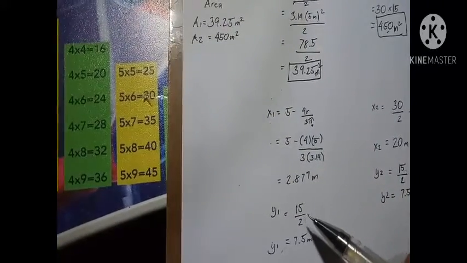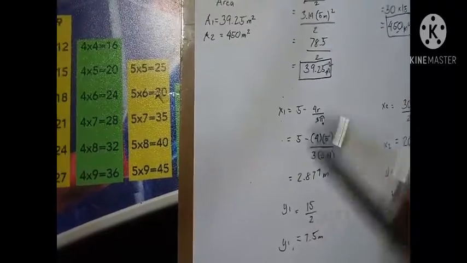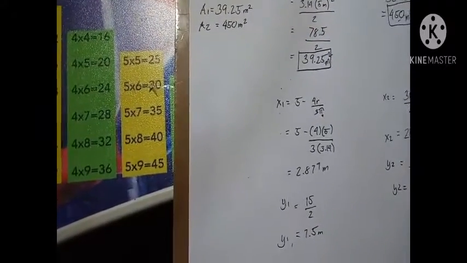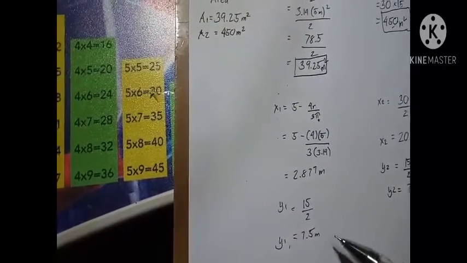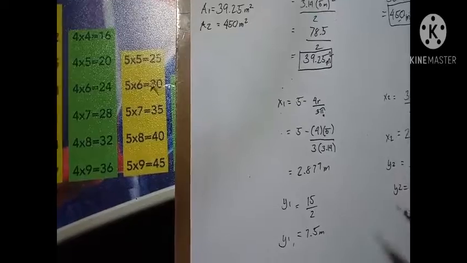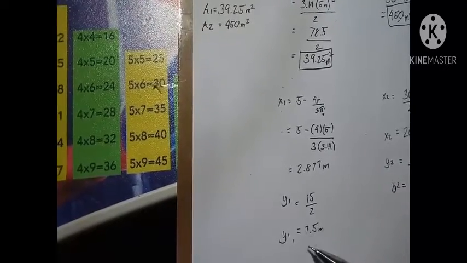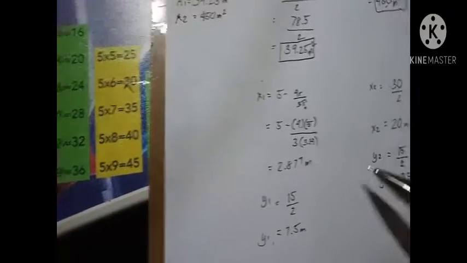Then the y coordinate of the centroid is 15 over 2, which is the diameter. 15 over 2 equals 7.5.